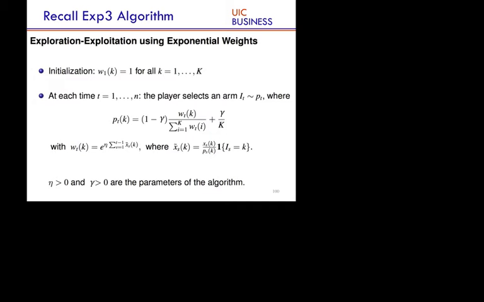But that's not all. For the arm that we actually showed, the reward we got was x of k. We're going to divide it by the probability that we used for that arm. If I pick an arm i from this PMF, I also know the probability with which I picked it.